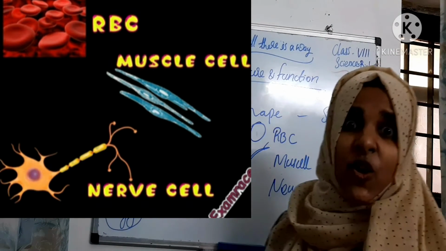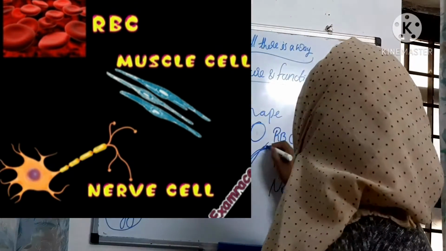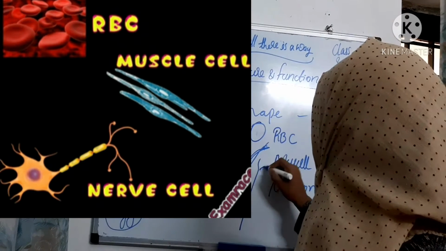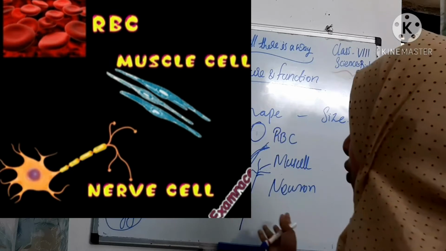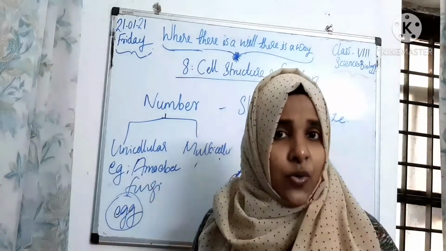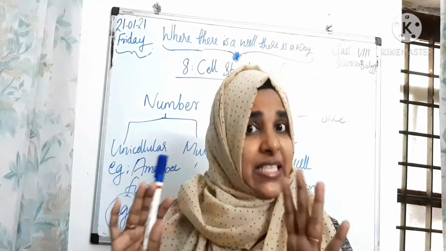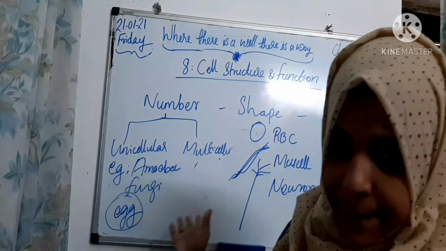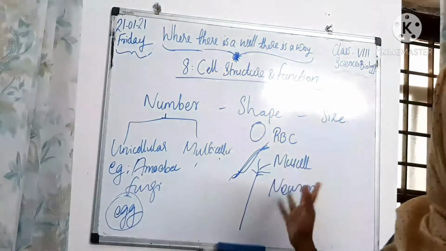The neuron cell is the longest cell in the human body, and its shape is long and branched. These are all the differences in shape. Is it clear to all of you? So in a unicellular organism, cells don't have a specific shape, but in a multicellular organism, cells have a definite shape. RBC is spherical in shape, neuron cells are long and branched.